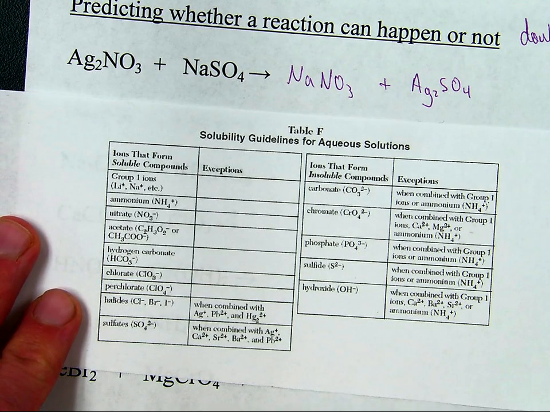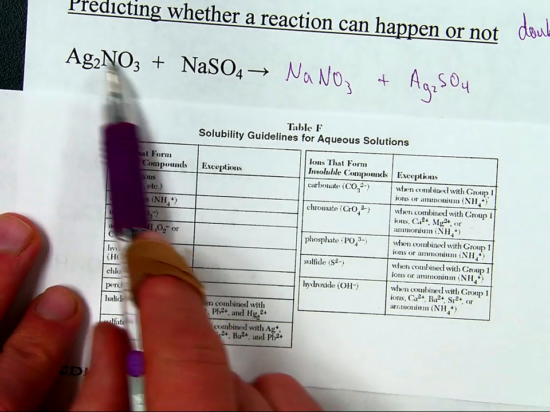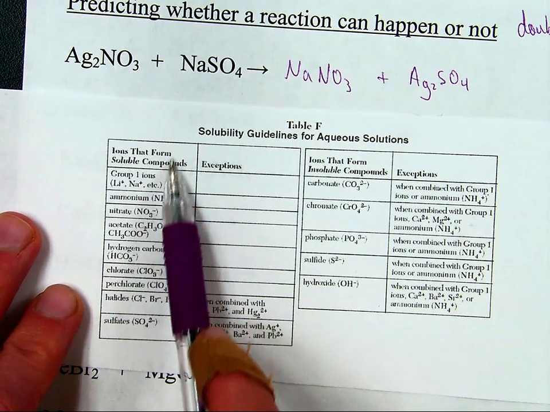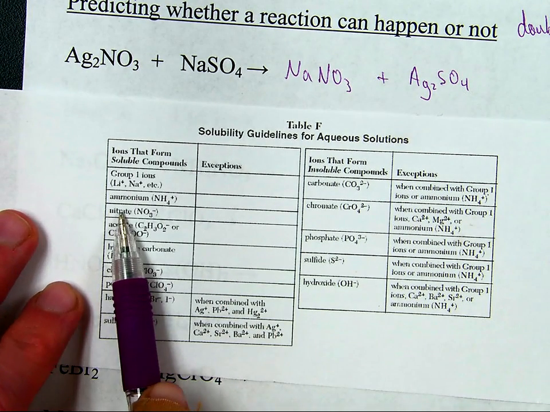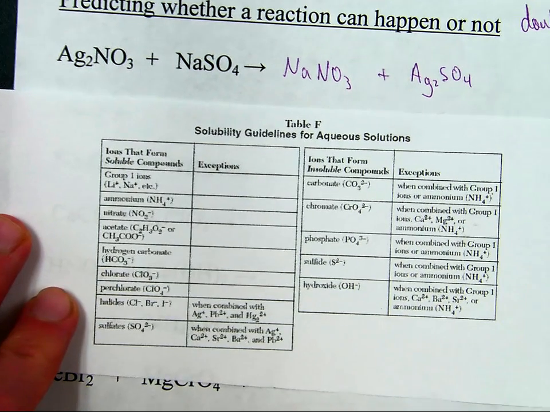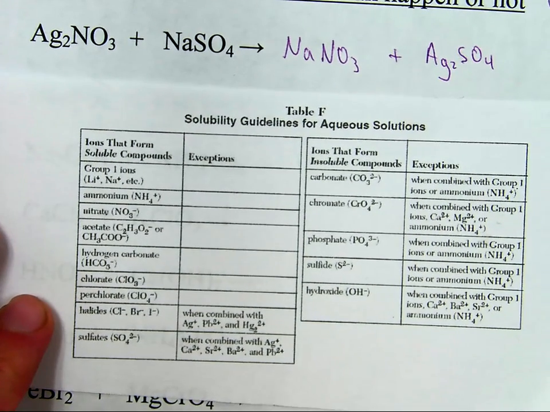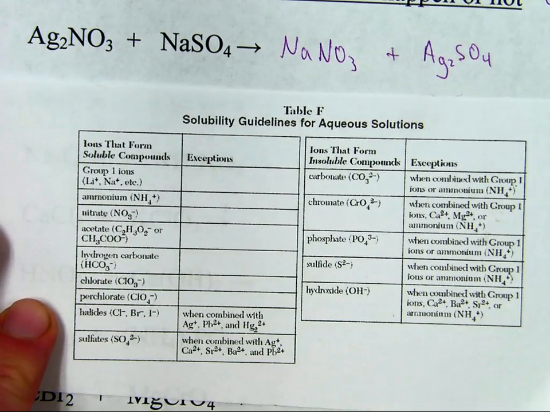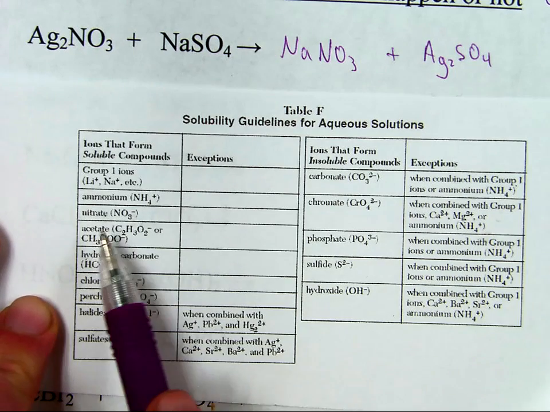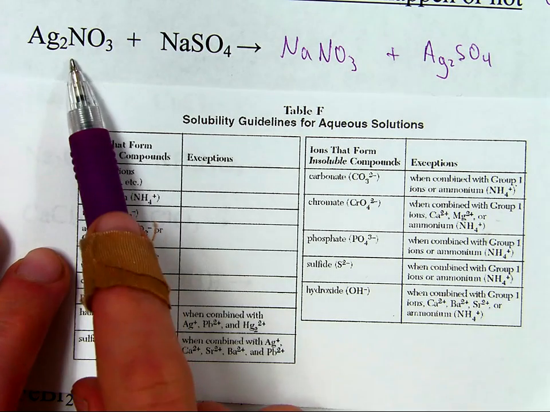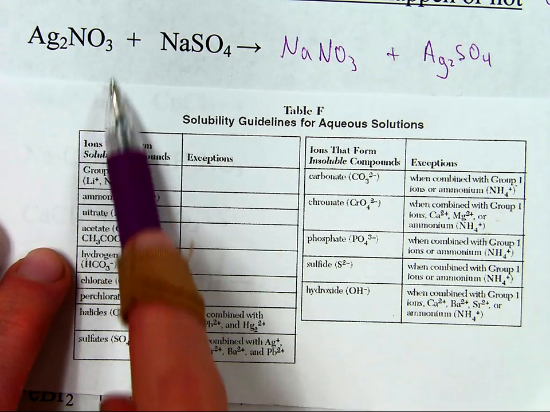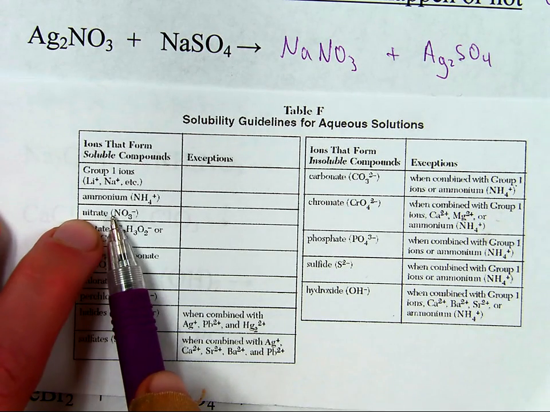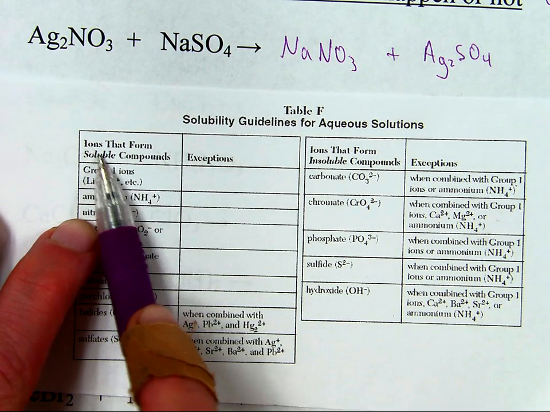So, let's see. Silver nitrate. You've got to look up the anions on this list. There's nitrate right there. Now, I'm zooming that in just a little bit for the sake of making it a little clearer to see. Okay. So, if you want to find out whether this is soluble, we find the nitrate. And nitrate is in this column that says ions that form soluble compounds.